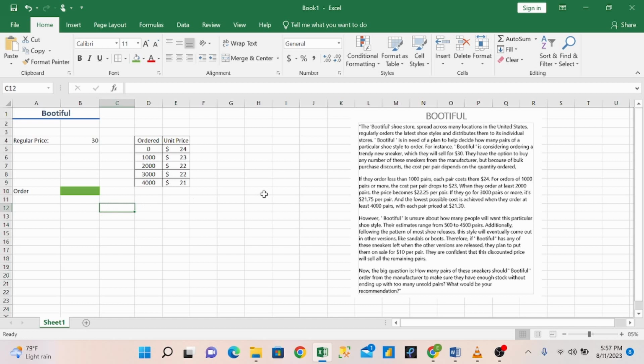However, Bootiful is unsure about how many people will want this particular shoe style. Their estimates range from 500 to 4,000 pairs. This looks like my demand.